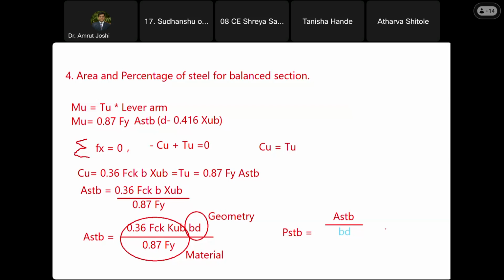So this gives me the percentage of steel for balance section. This is the expression for percentage of steel for balance section.